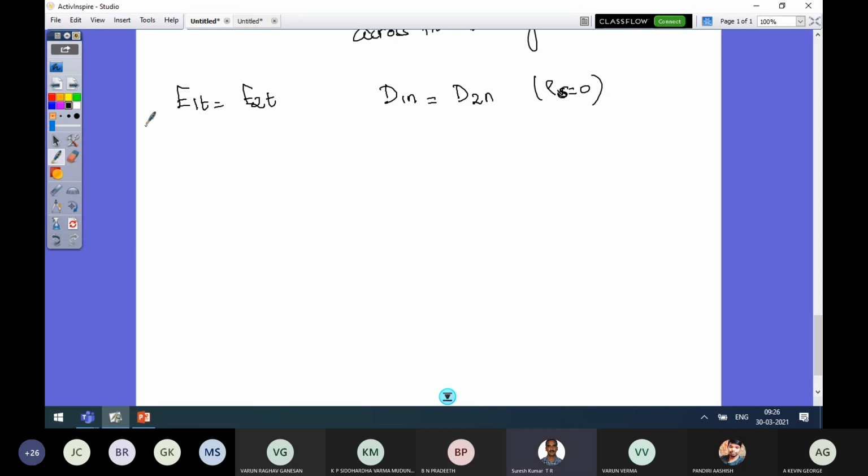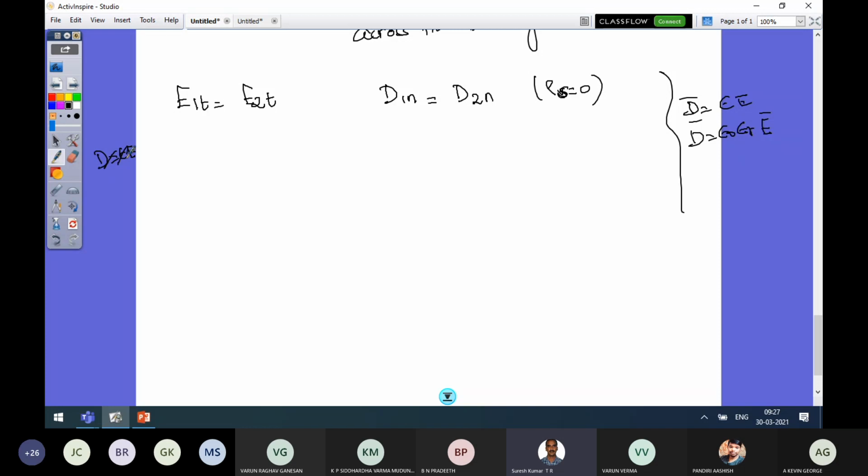From this you can even write one more equation, D equal to epsilon E. I'll write it here. D equal to epsilon naught into epsilon R into E vector.